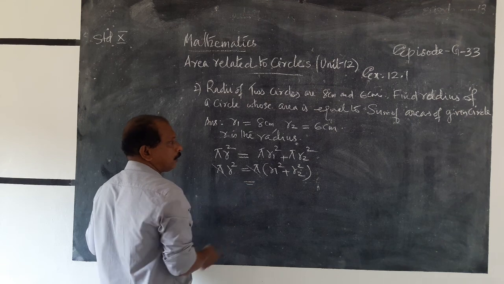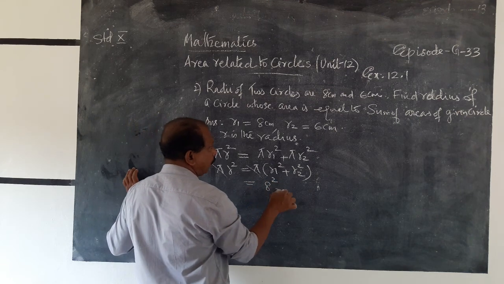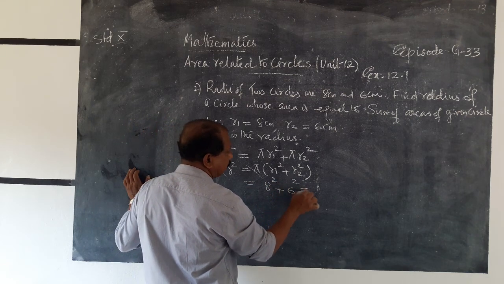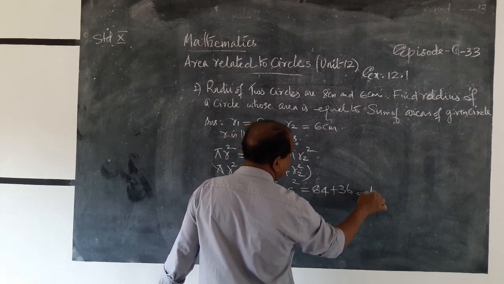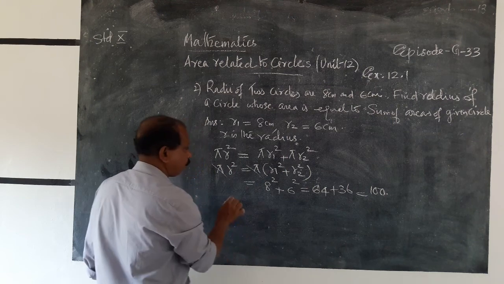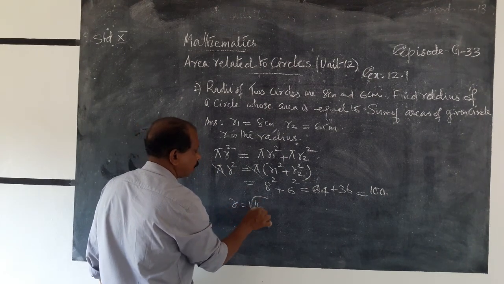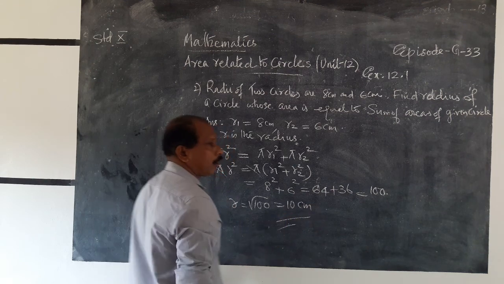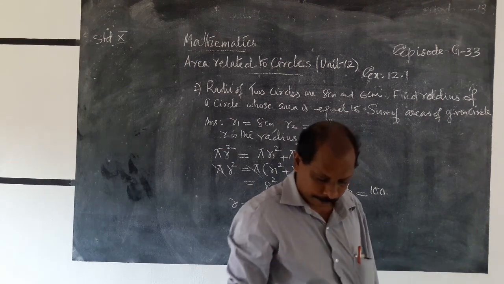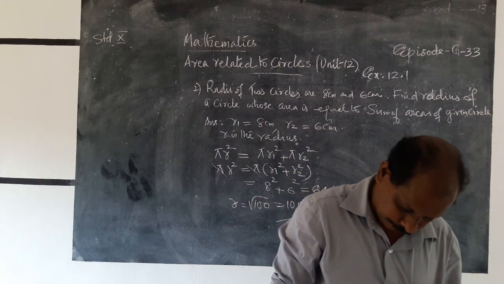What is r1? 8 square plus 6 square is equal to 64 plus 36, which is equal to 100. Therefore, r is equal to root 100, which is 10 centimeter. Therefore, the radius of that larger circle is 10 centimeter.